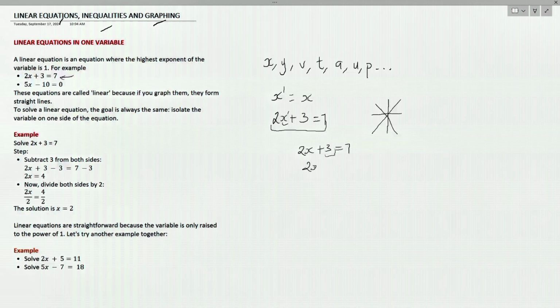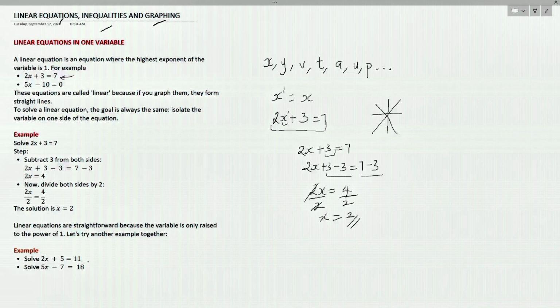So that would be 2x plus 3 minus 3 equals 7 minus 3. 3 minus 3 is 0, so this will be 2x plus 0, which is 2x, equals 7 minus 3, which is 4. If you divide both sides now by 2, you should have x equals 4 divided by 2, which is 2. So this is how we solve linear equations in one variable.